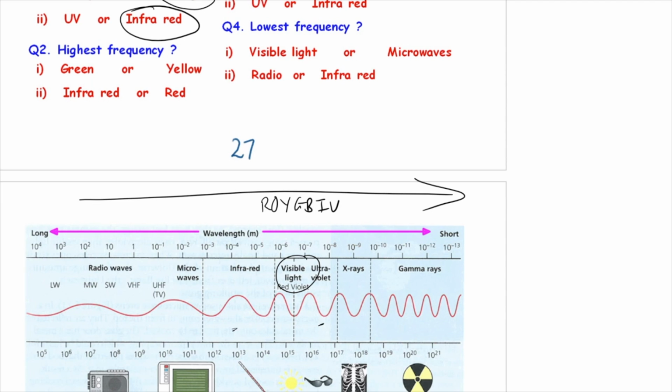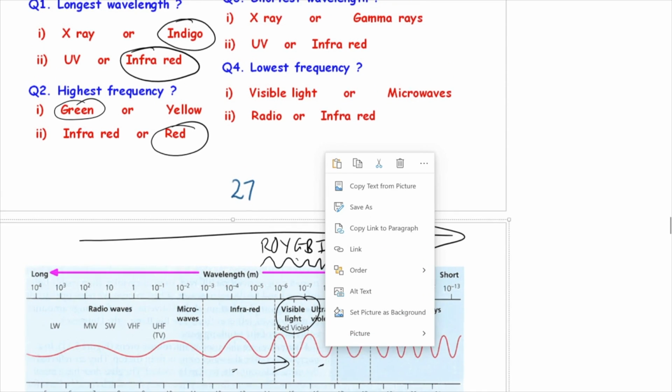Green has got a shorter wavelength but a higher frequency than yellow. Because remember, the wavelength gets smaller as you go from red to violet. Infrared or red? Well, red is to the right of infrared, so it's got a higher frequency.